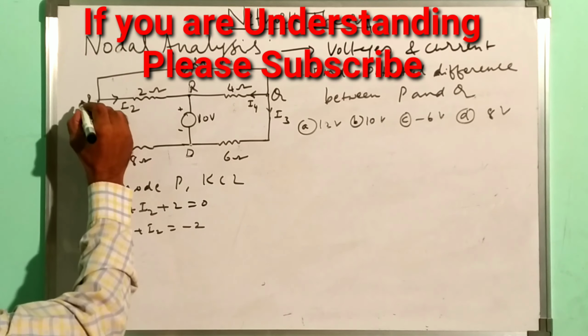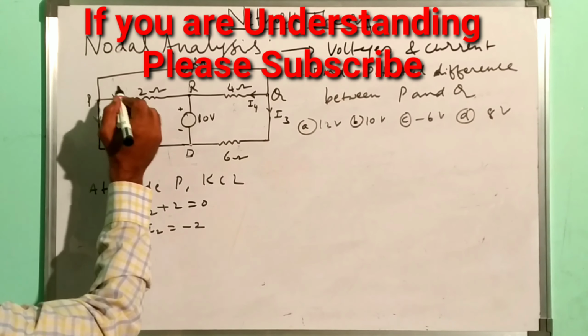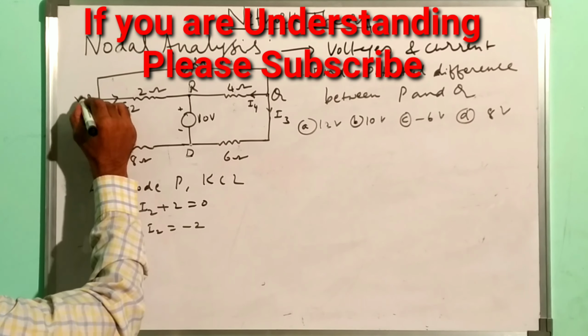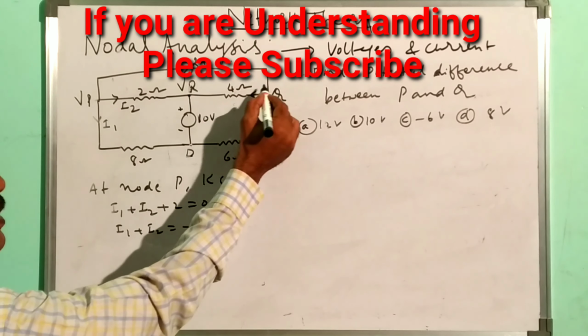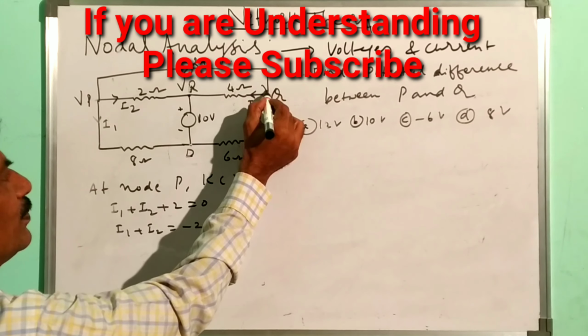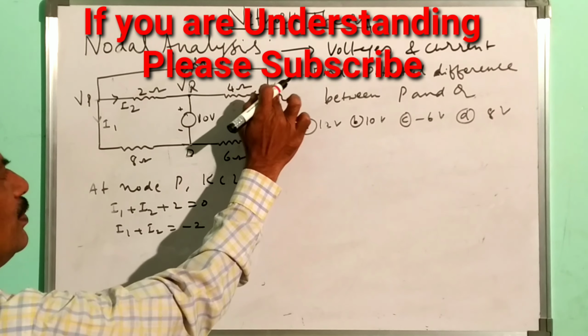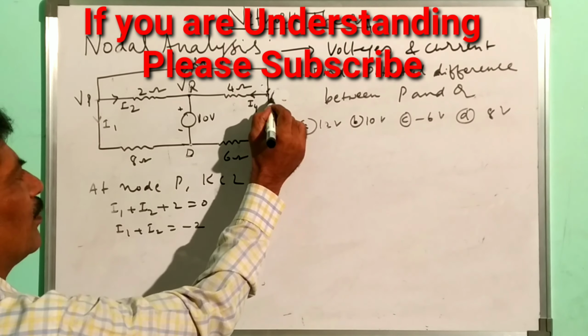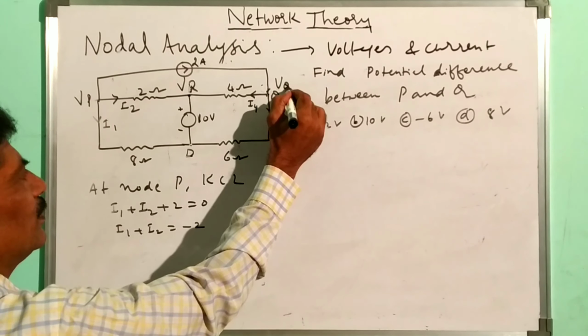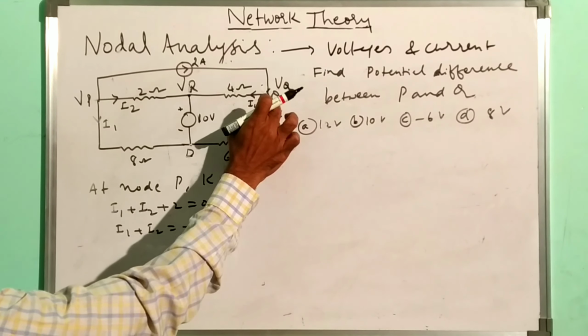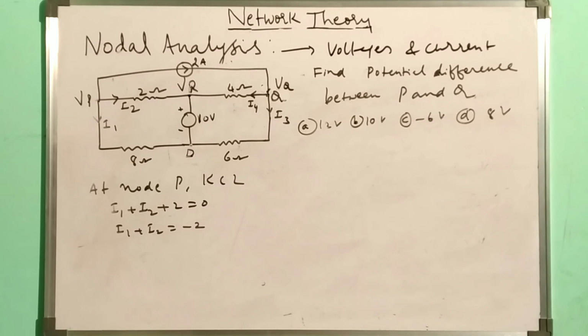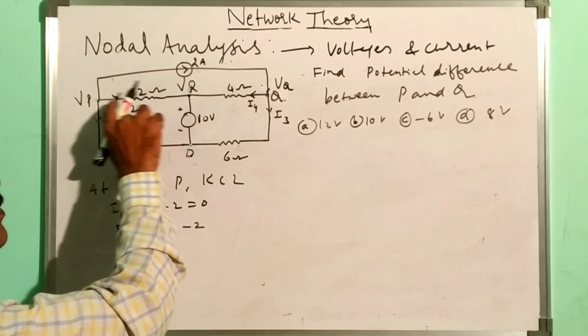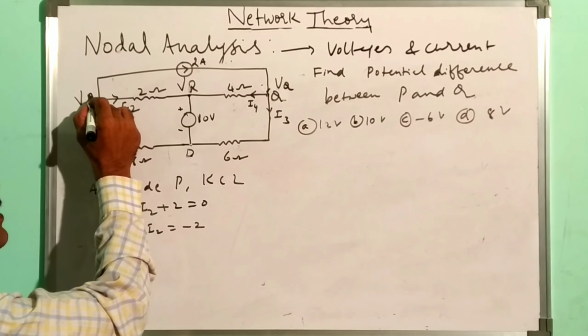Let this voltage be VP here, and let this be VR, and this be VQ, the voltage of node Q.